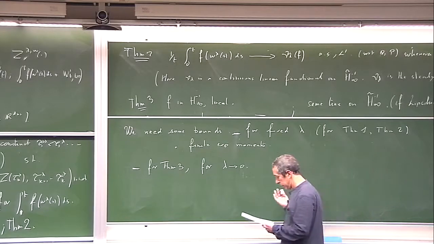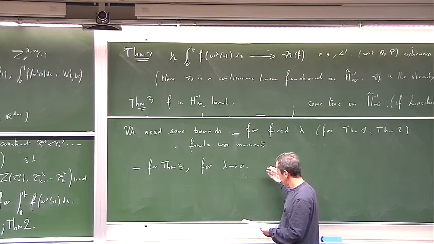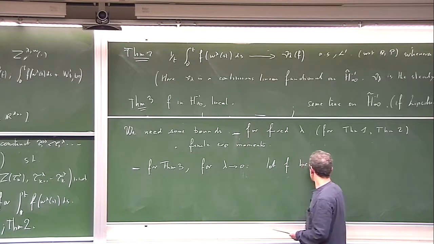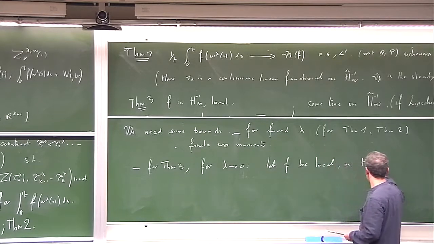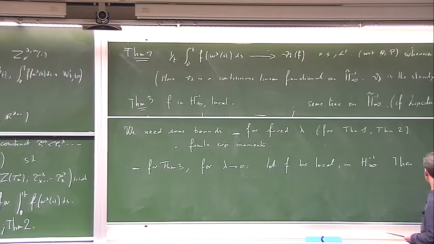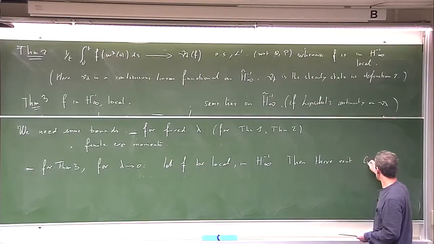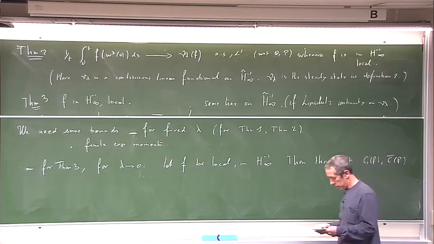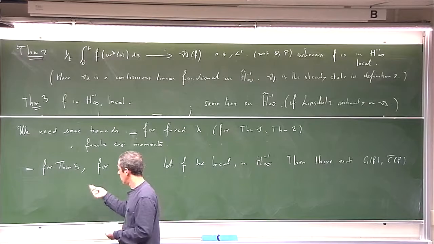But the precise bound that we get is as follows. Let f be a local function in h-1 infinity, then there exist some constants, C1 of f, C bar of f, which are such that we have bounds for exponential moments.